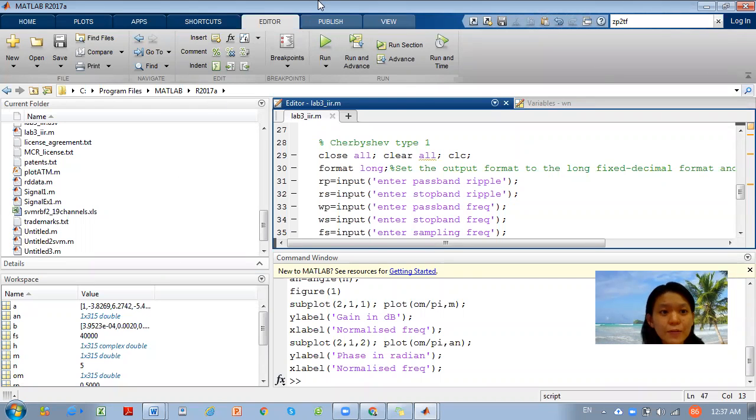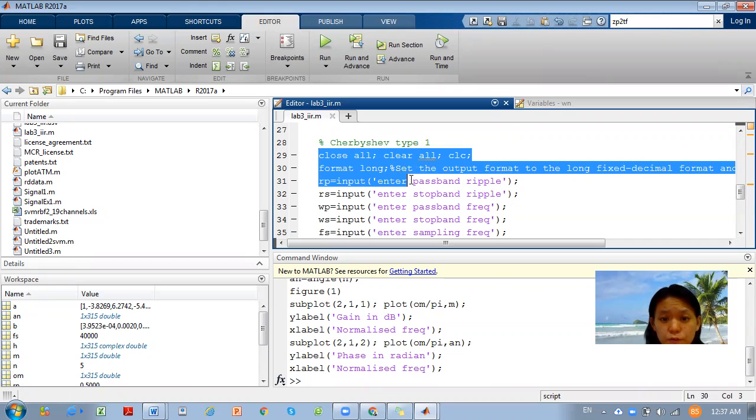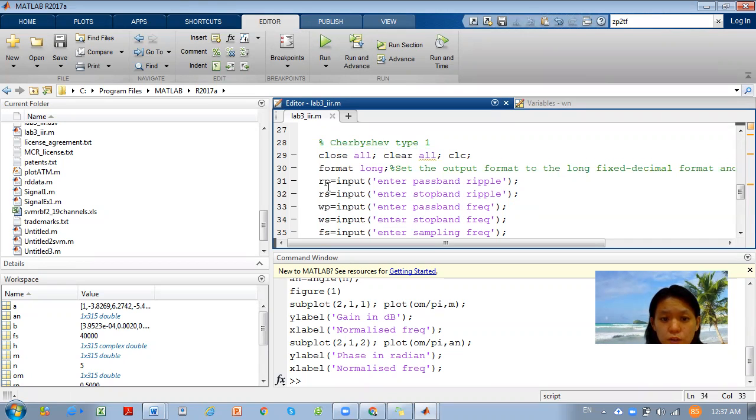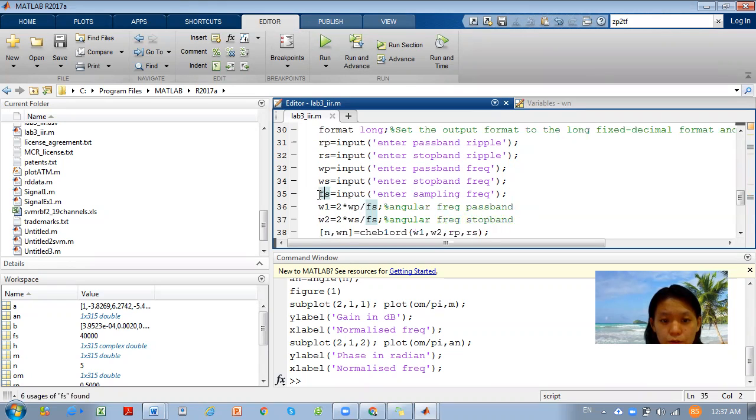Okay, now we continue with the Chebyshev type-1 filter. It is the same as the Butterworth filter coding. You just have to enter the RP, RS, WP, WS, the sampling frequency, then the angular frequency for our pass band and the angular frequency for our stop band.